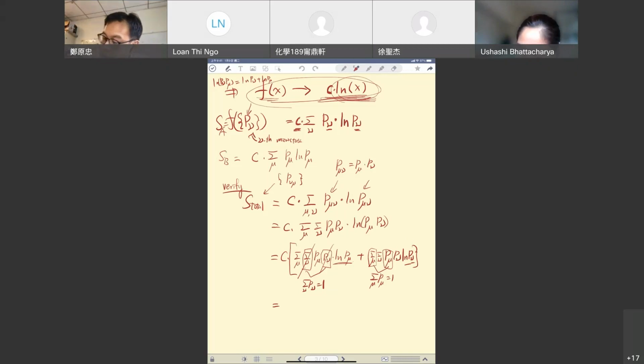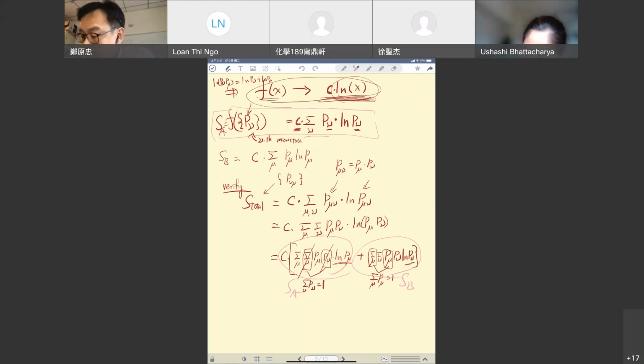And now this is SA. Clearly, now this is SA, and this part gives SB. So the additive condition with this definition of entropy is valid.